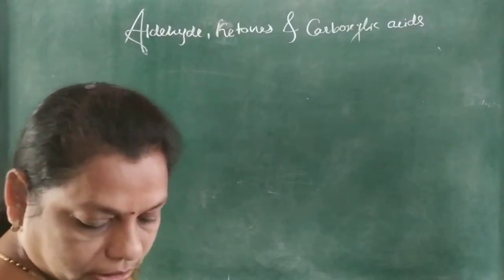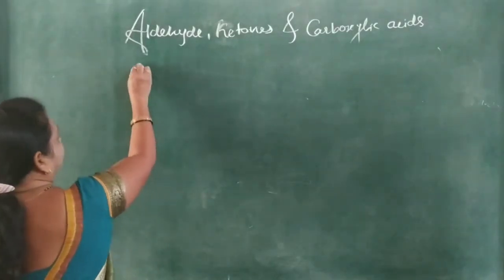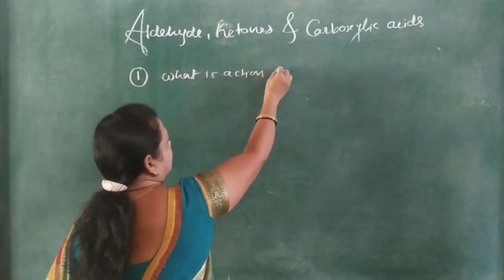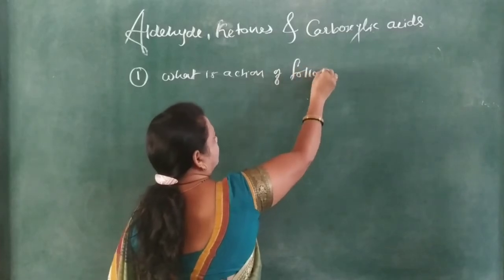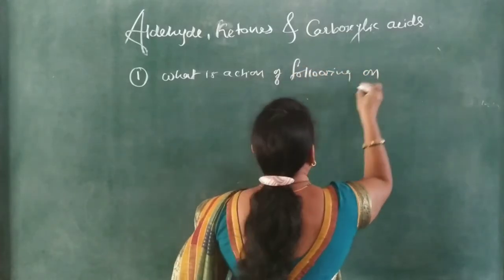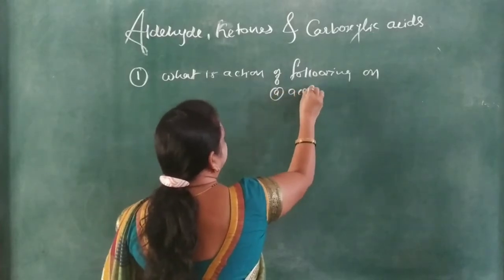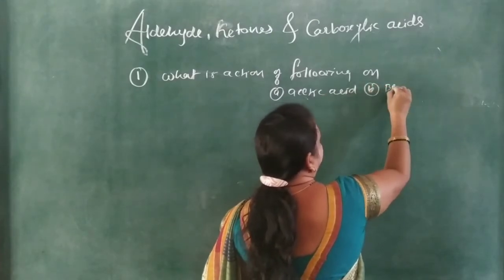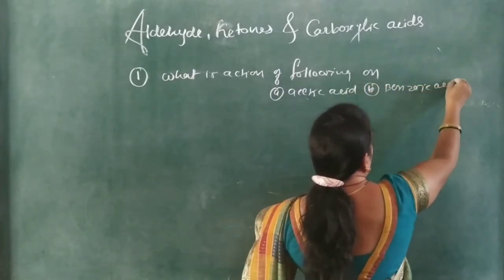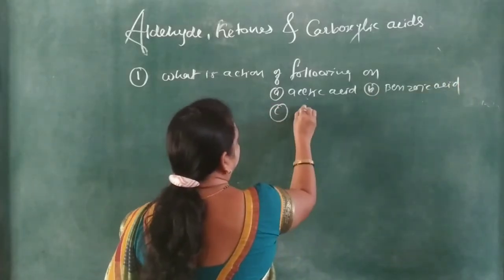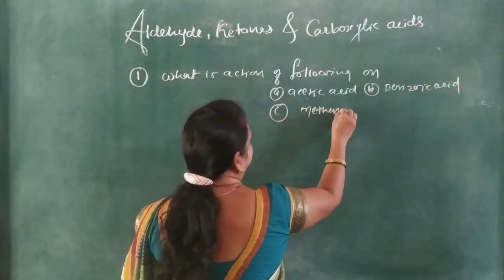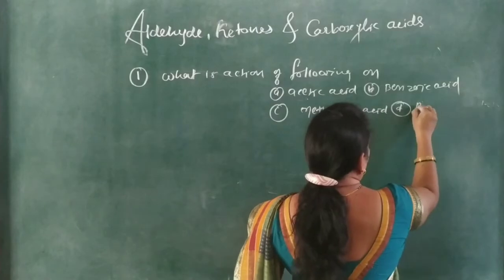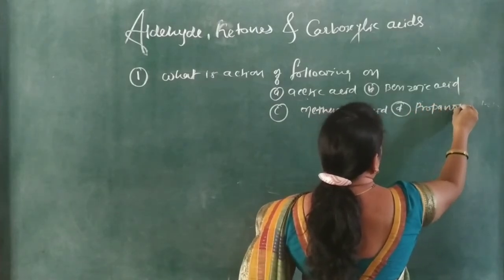Attempt the following questions. First, what is the action of the following on A, acetic acid, B, benzoic acid, C, methanoic acid, and D, propanoic acid?